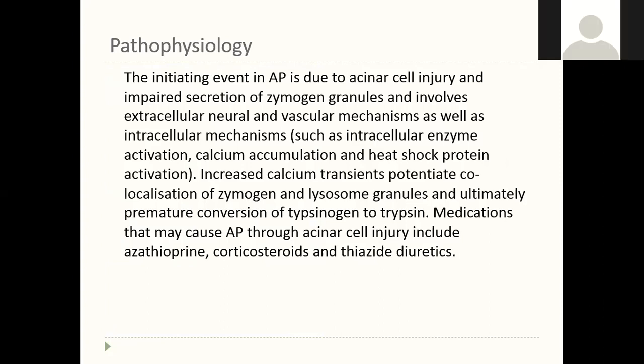Increased calcium transients potentiate colocalization of zymogen and lysosome granules, and ultimately premature conversion of trypsinogen to trypsin. Medications that may cause AP through acinar cell injury include azathioprine, corticosteroids, and thiazide diuretics.